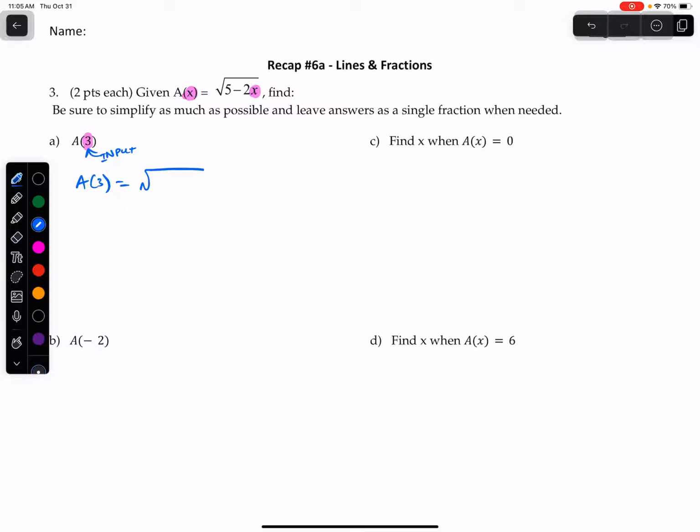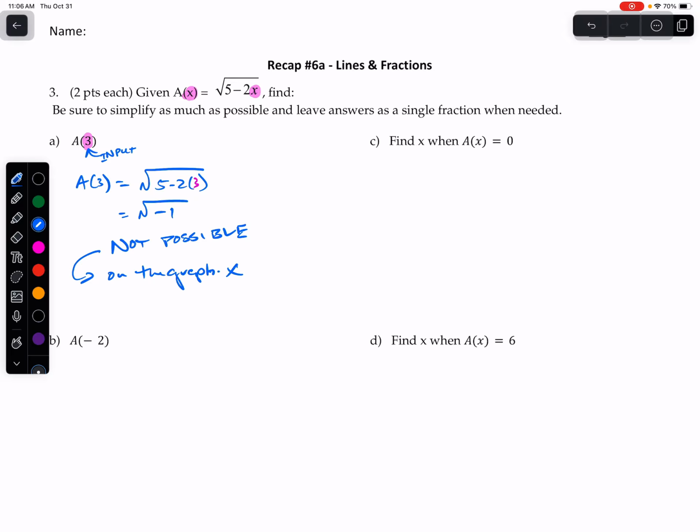So square root of 5 minus 2 times 3 equals square root of negative 1, but that is not possible. What that means is on the graph, x can never be 3.